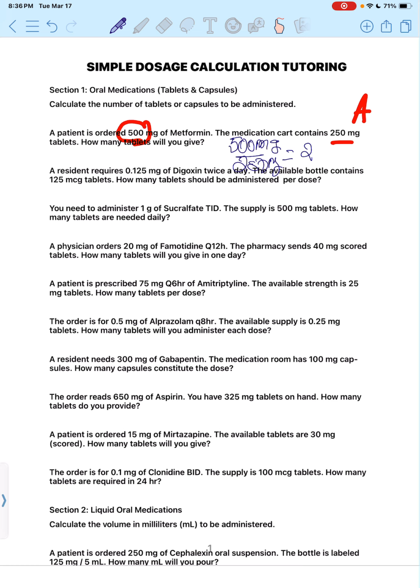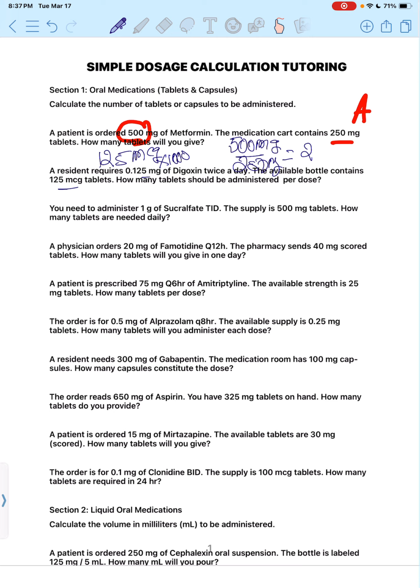Let's look at here. You got milligram, you got microgram. You cannot move that way. You got to make sure they have the same unit. Because my available is a microgram, I can multiply this by 1,000. Once you do that, your new order will become 125 microgram. That's what the doctor prescribed.